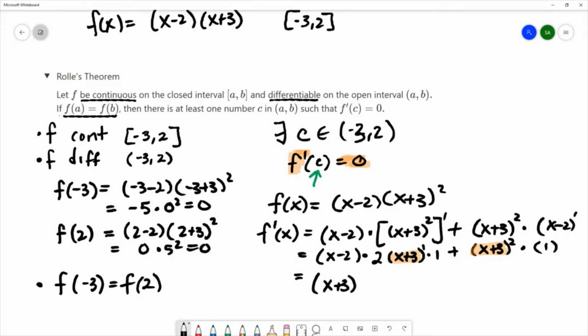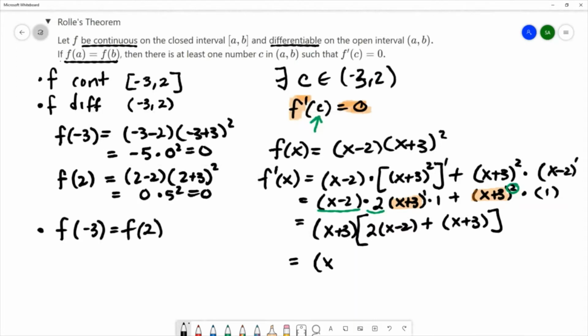And if I factor out that common factor, what's left is this factor of x minus 2 and this factor of 2. I have 2 times (x minus 2). And if I factor out one of these two factors of x plus 3, I will still have a factor of x plus 3 remaining.